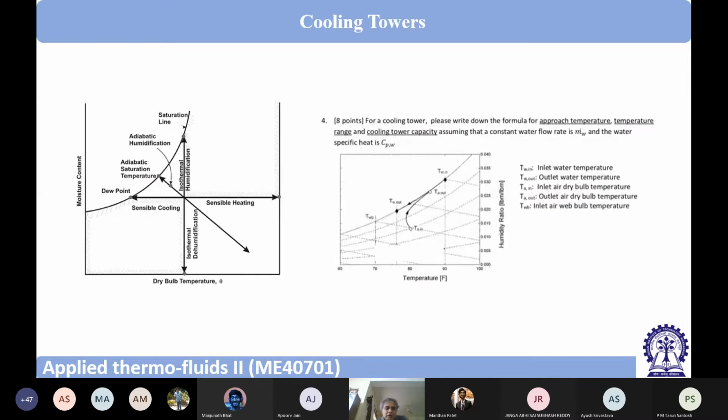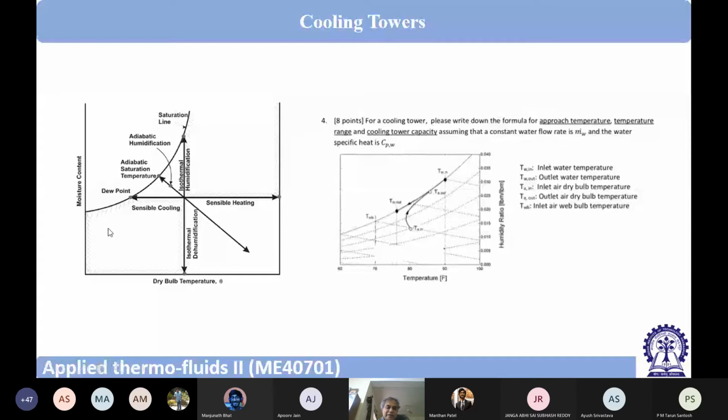Okay. So here again, I just wanted to recapitulate the psychrometry chart. This is your psychrometry chart. This side is your dry bulb temperature. Dry bulb temperature increases this side. This side is your moisture content, kg of water per kg of dry air. So that will be the unit, kg of water per kg of dry air. And these are constant relative humidity lines.